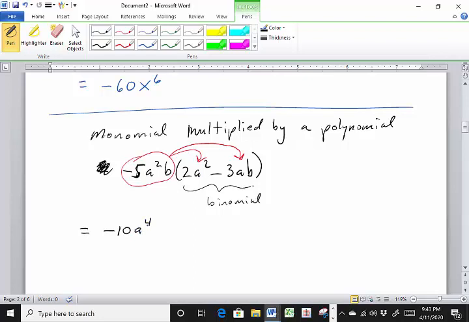And there is no b on the first term of the binomial, so we just keep the b there. We don't do anything with it. Now it's negative 5 times negative 3, so that's plus 15. Then a squared times a is a cubed, and then b times b is b squared. And that would be the final result. So the final result could be called a multivariable polynomial. It also could be called a multivariable binomial, right?